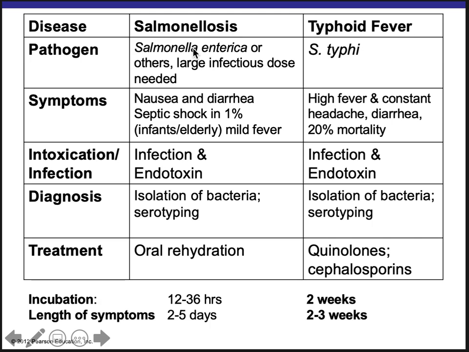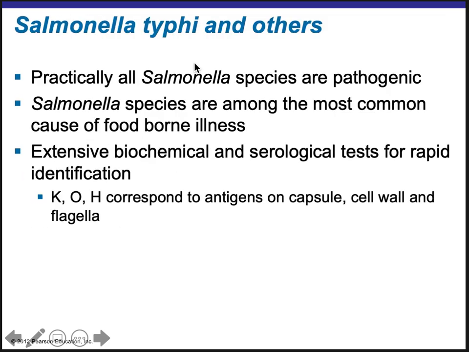or just regular gastroenteritis. Okay, so practically all Salmonella species are pathogenic, and they're usually normal microbiota of chickens, poultry, right? Salmonella species are among the most common cause of foodborne illness. We have a lot of tests for them since they're so common.